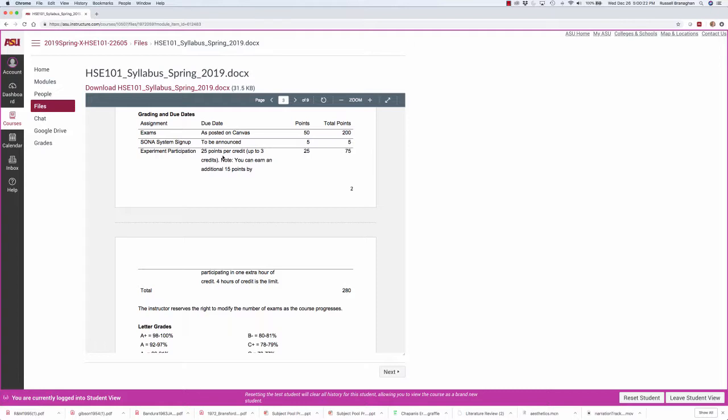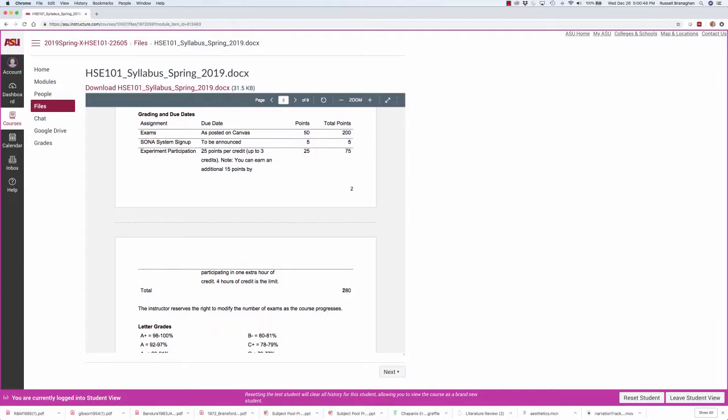And in order to do that, you have to sign up for something called the SONA system. So it's a SONA system for research participation. For each one of those papers or each one of those experiments that you signed up with, or each hour of experiment really, you will get 25 points for a total of 75 points. And then just for participating or signing up for the SONA system, you will get 5 points just for that.